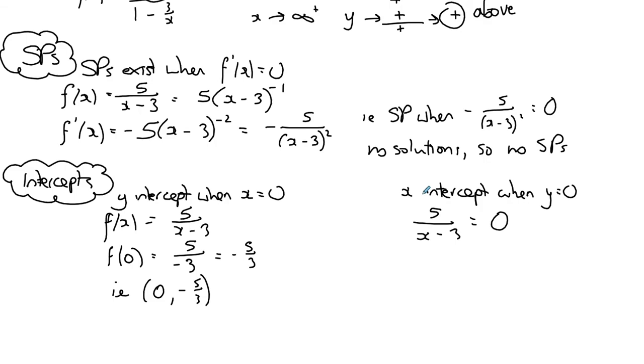So again, just like we found with the stationary points, there's no solution. We can't solve that to get a value for x, so we can say no solution. What does that mean? So there's no x-intercept. It happens. And we know there's no x-intercept because we've just nominated the x-axis as the asymptote. So by definition, there's not going to be a point on the x-axis.